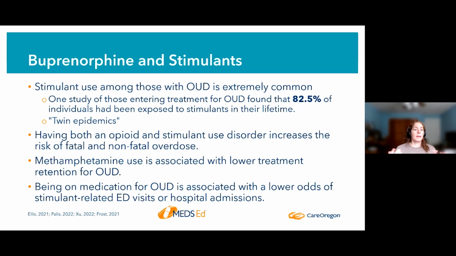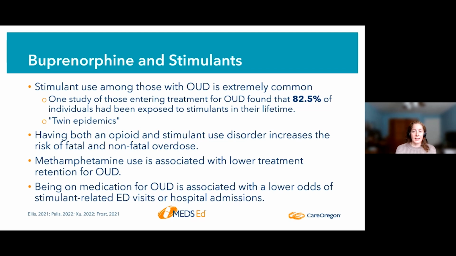Having both an opioid and a stimulant use disorder does increase the risk of fatal and non-fatal overdose. So there is an increase in overdose risk, similar to what we see with combining opioids with benzodiazepines. And methamphetamine has been shown to be associated with lower treatment retention for opioid use disorder. All of that being said, being on a medication for opioid use disorder, so being stable on buprenorphine or methadone, is associated with lower odds of stimulant-related ED visits or hospital admissions.